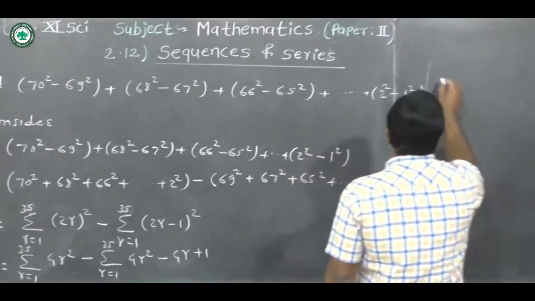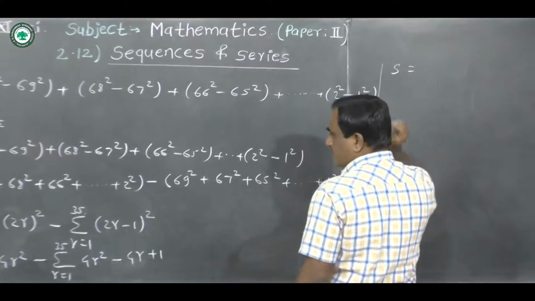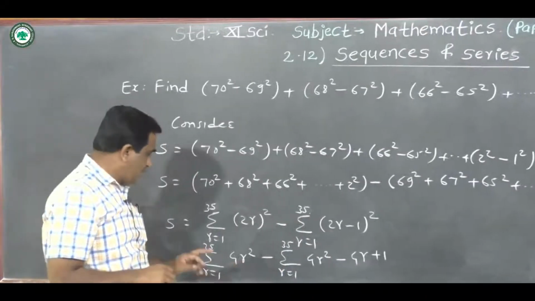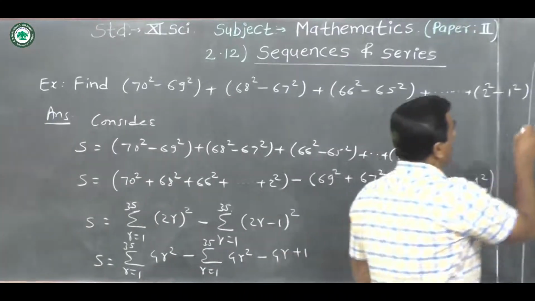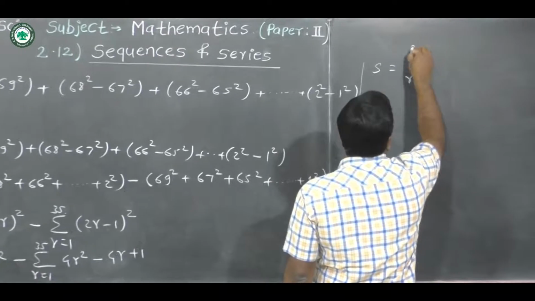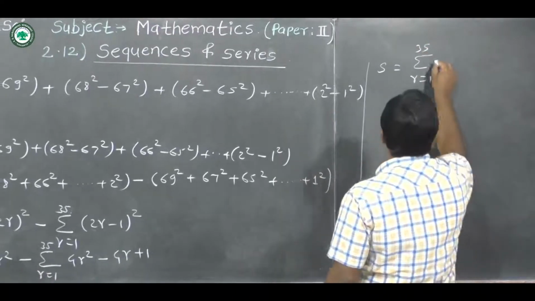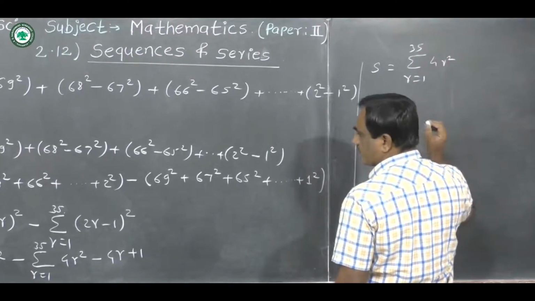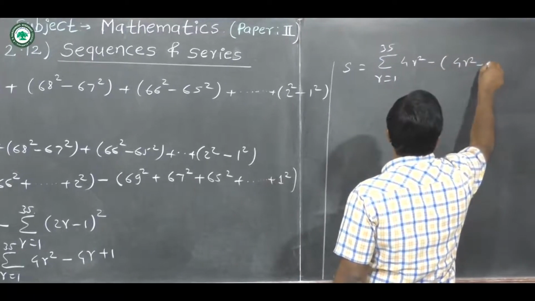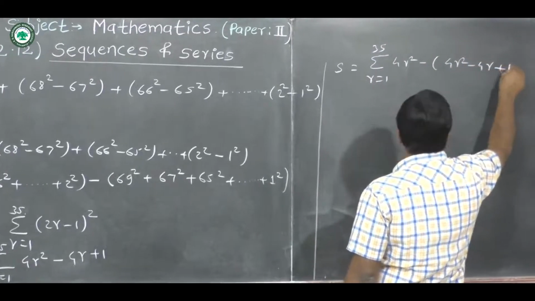that is, further we can write here S is equal to, we can write in one summation form by using the second property here. Summation r goes from 1 to 35 here, 4r square minus, in bracket, 4r square minus 4r plus 1.